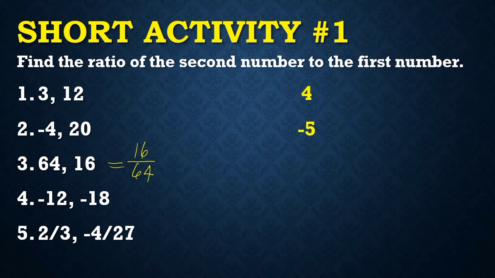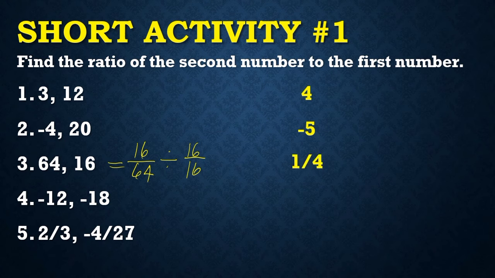Yung greatest common factor na sinasabi ko ay 16. I-divide natin yung 16 sa numerator tsaka sa denominator. 16 divided by 16, that is 1. 64 divided by 16, that is 4. So, ang ratio ng second number sa first number is 1/4.